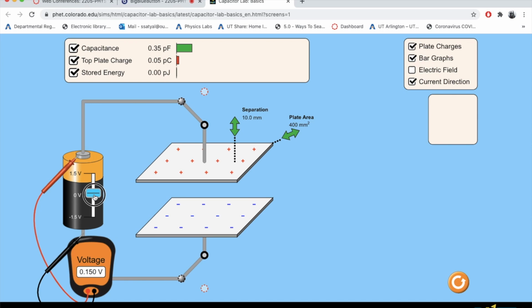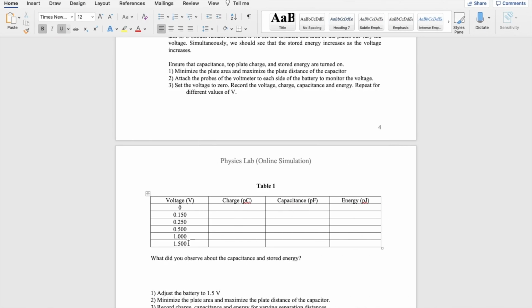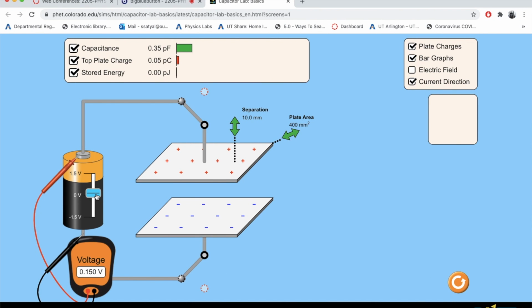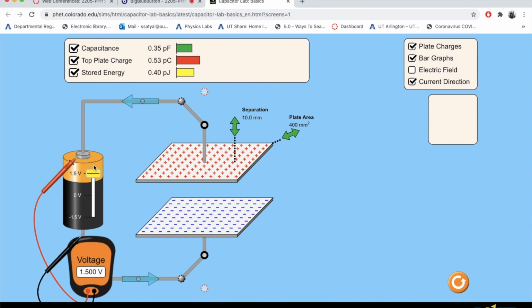However, I can increase that. So here in the graph, it asks you to get data for different values of voltage. And let me just jump to 1.5 volts. Then I get some measurable energy of 0.4 picojoules, 0.53 picocoulomb, and 0.35 picofarad.